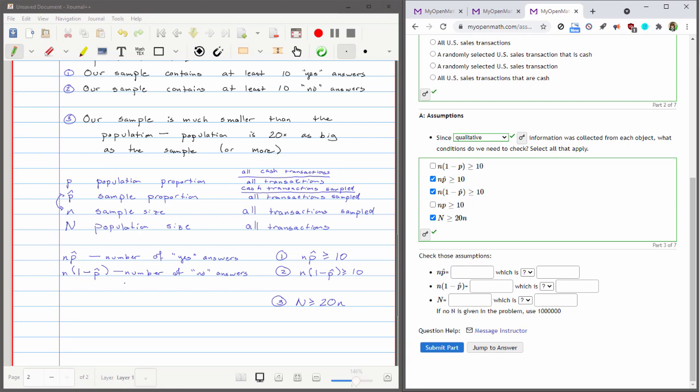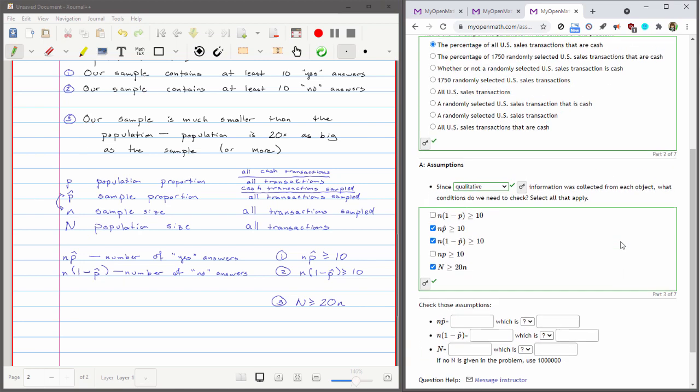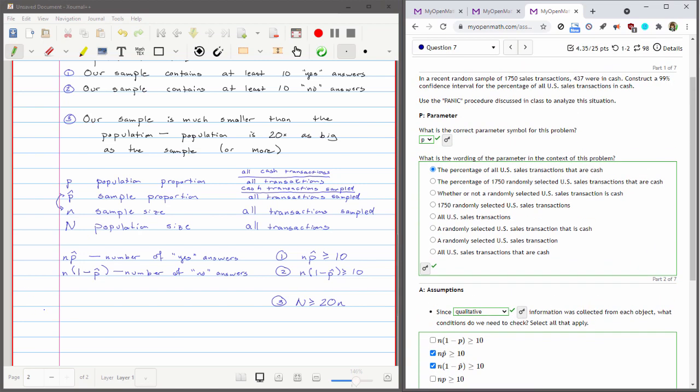So we have in the problem our sample size is 1,750. Our cash transactions are yes answers.